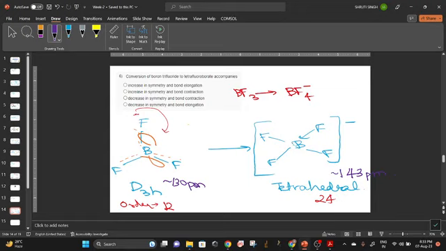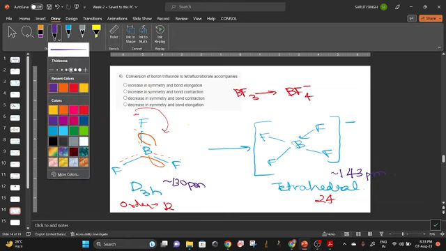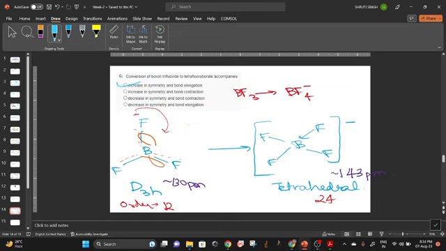So this is purely a single bond, which should be longer. This one had partial double bond character, so it was shorter. So the answer should be increase in symmetry and bond elongation. First one.